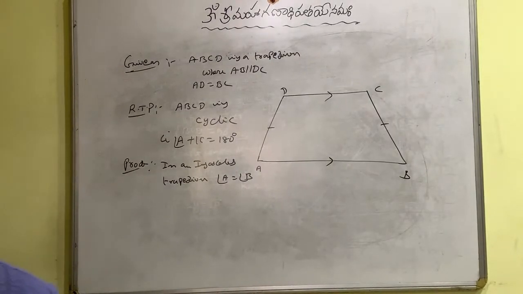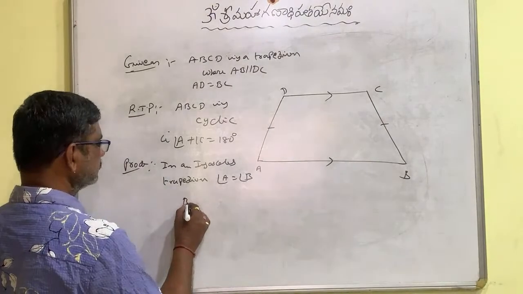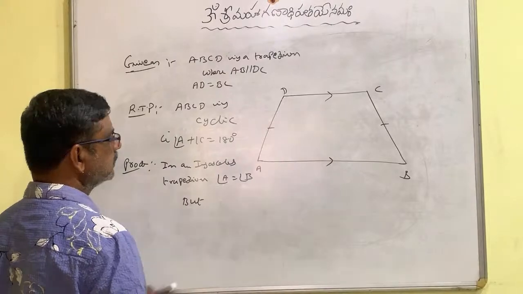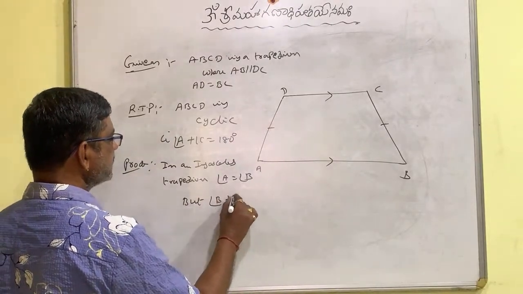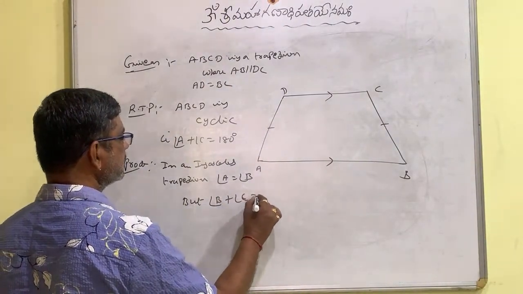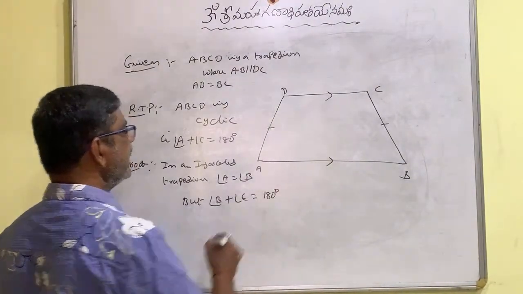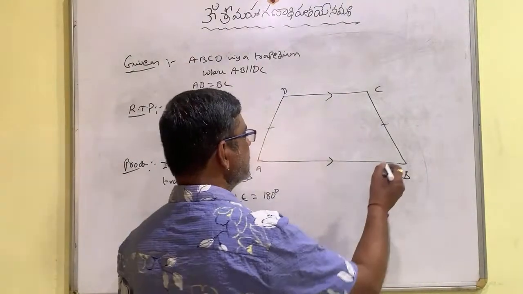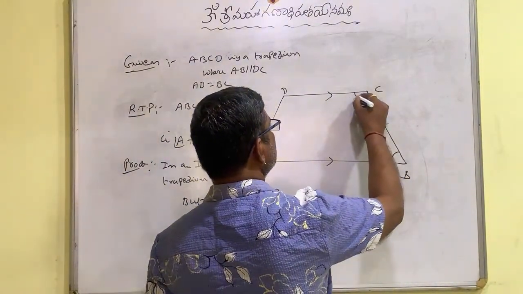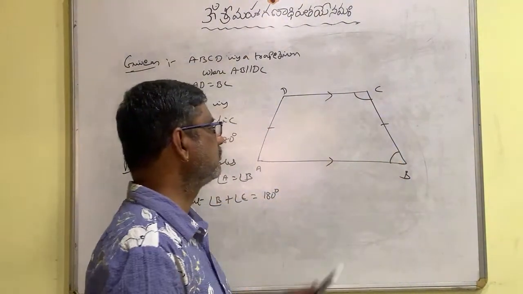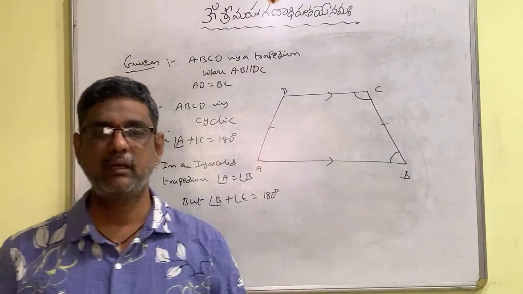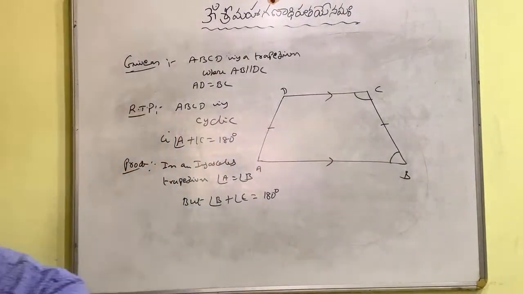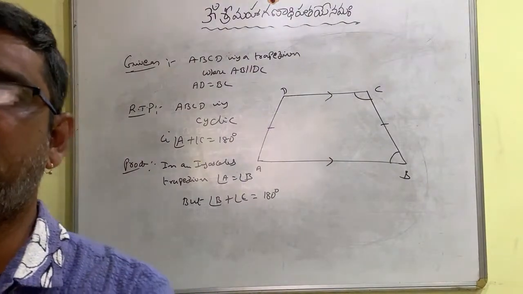Angle A is equal to angle B. But angle B plus angle C is 180 degrees. Angle B plus angle C, the sum of these two angles is 180. Can anyone say what is the reason for it?